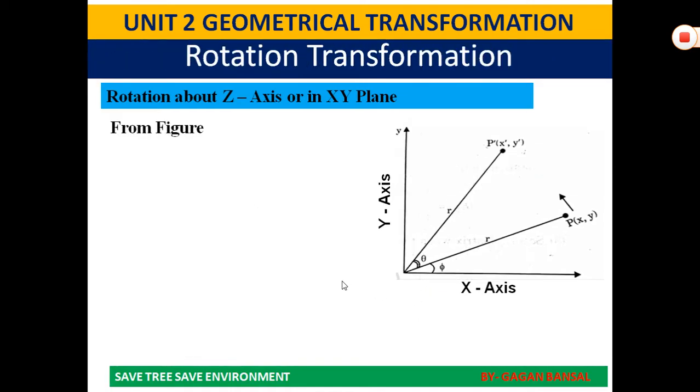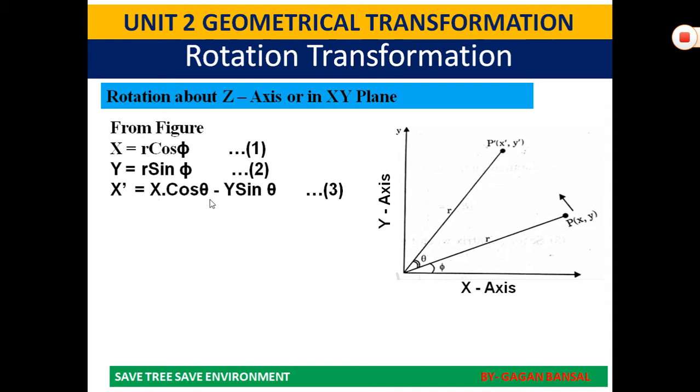So finally from this particular figure, we have got equations like x equals r cos phi, y equals r sin phi, x dash equals x cos theta minus y sin theta, and y dash equals y cos theta plus x sin theta.